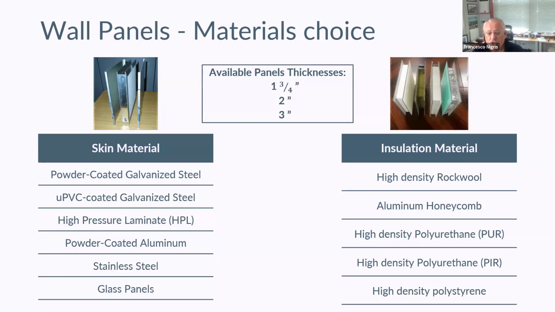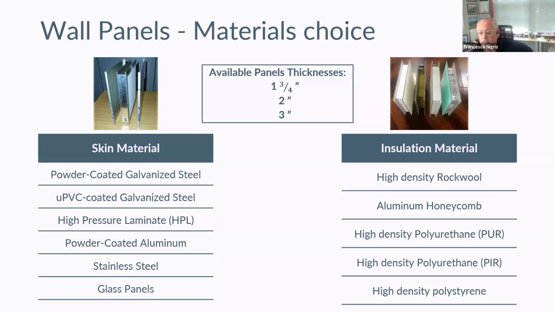You have high-pressure laminate, which is Formica, a phenolic resin plastic material, very resistant to scratches, which in some cases might be the solution. There is stainless steel, and there is glass, which can be used as walls and as partitions as well. There is aluminum as a support, and galvanized steel, which in certain cases can be the solution.